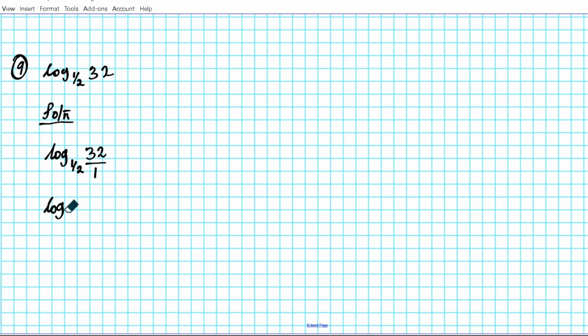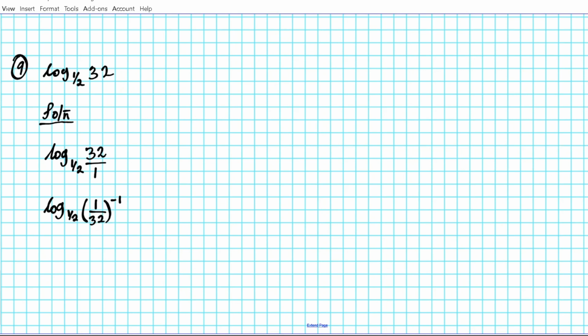Okay, so when we reciprocate this, log base 1/2, it's going to be 1 over 32 raised to the negative 1 power. When you reciprocate, you negate the exponent. Okay, so now can we write 32 as a power of 2?